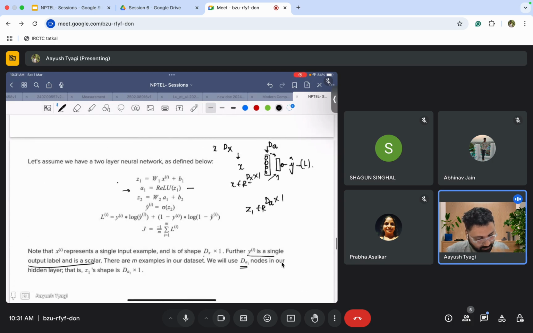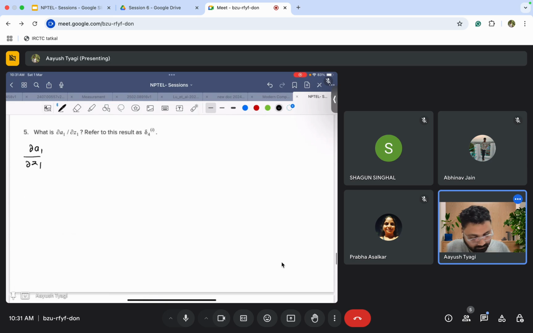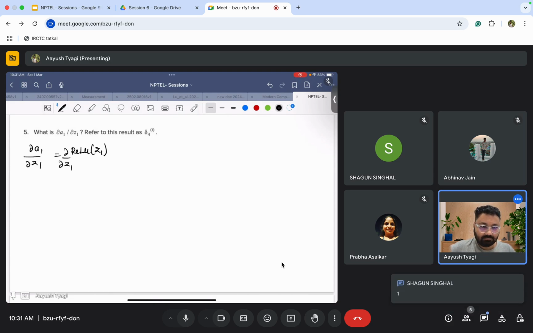A1 is basically the ReLU operation, ReLU of z1. Any thoughts on what the derivative of ReLU should be? Not one.